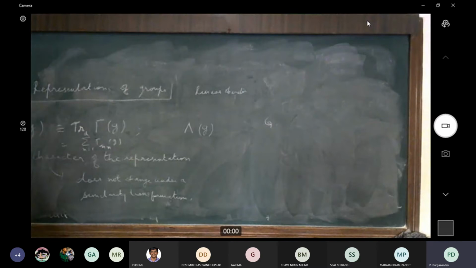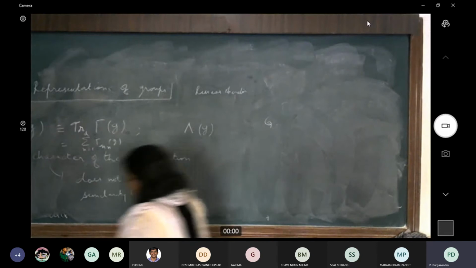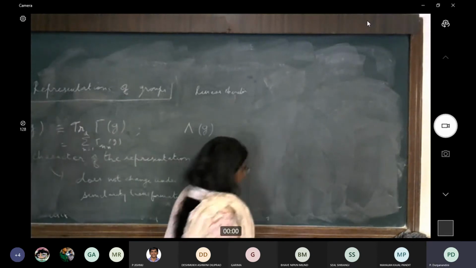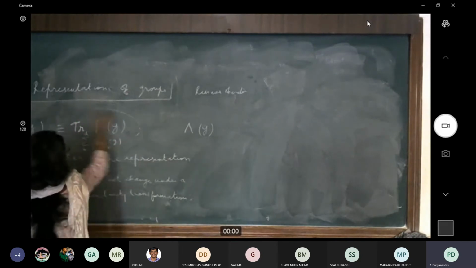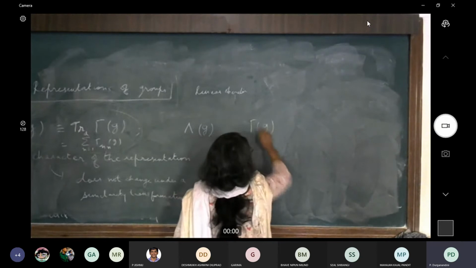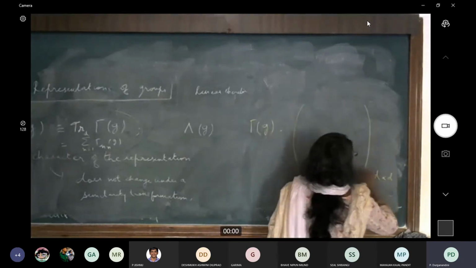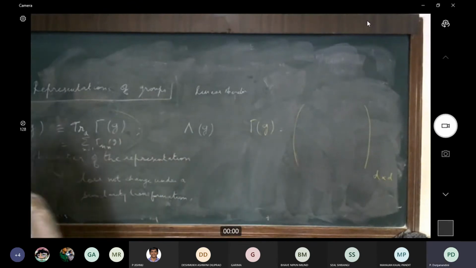And let me go ahead a little bit more. Now further, suppose I have this gamma. This character turns out to be a very important way of characterizing representations. Now gamma, we saw, was a matrix.